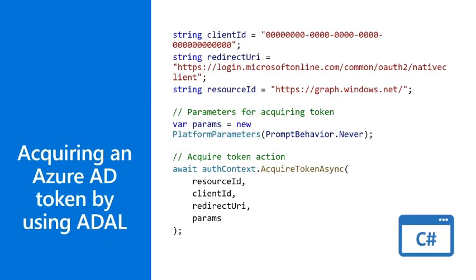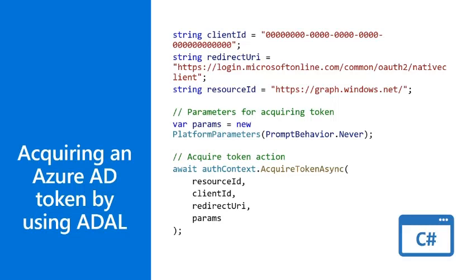Then the basic principle behind ADAL is that whenever your app needs an access token, your app simply calls authContext.AcquireTokenAsync, this one, and ADAL does the rest. When your app requests a token by calling AcquireTokenAsync, ADAL will attempt to return a token without asking the user for credentials.